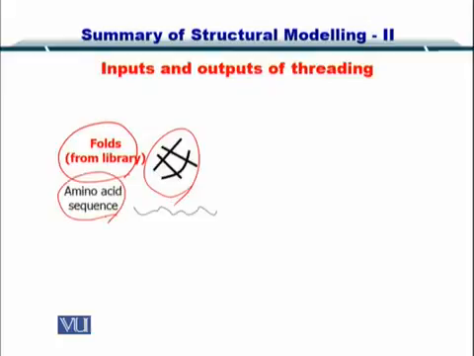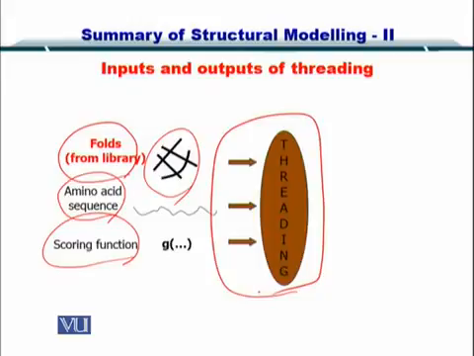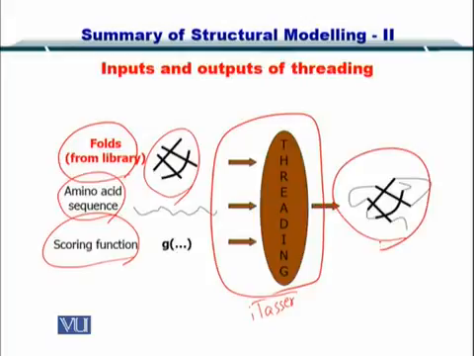So here is your amino acid sequence, here is the scoring function, and all of that is put into this threading algorithm. And you may now know that the most common tool for threading is the iTasser. You should go and use it sometimes. And then the threading software outputs the predicted structure.